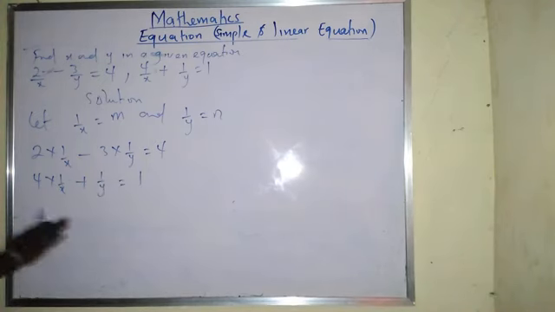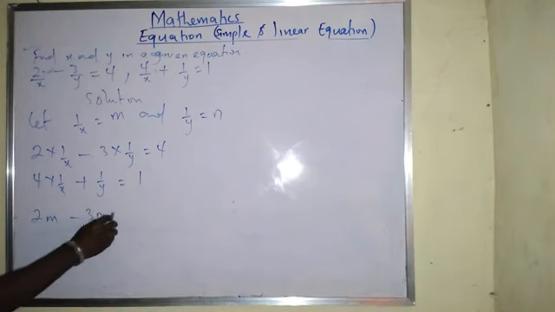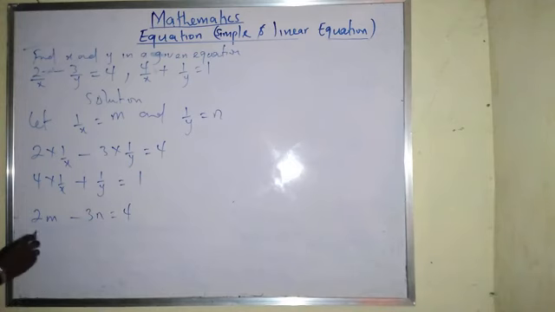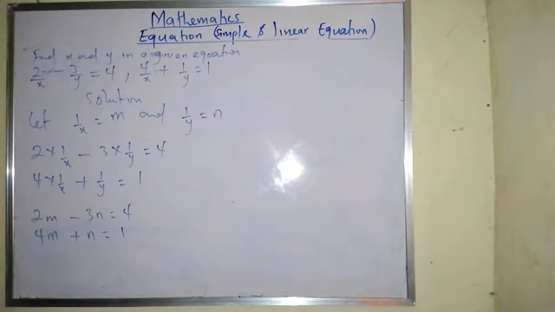I can now move it to normal, which is 2m minus 3n equals 4, and 4m plus n equals 1.